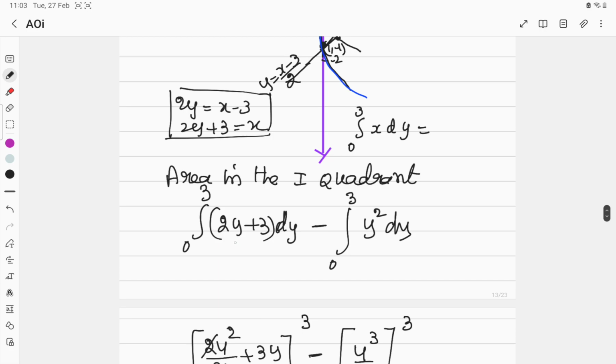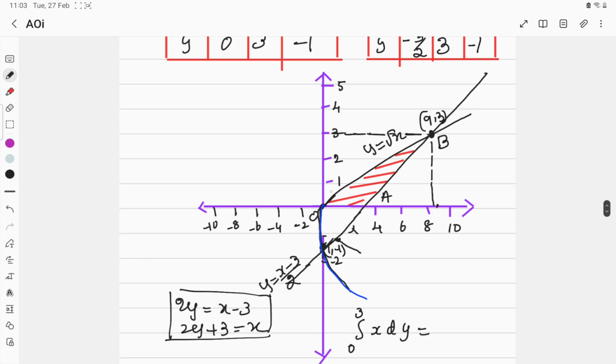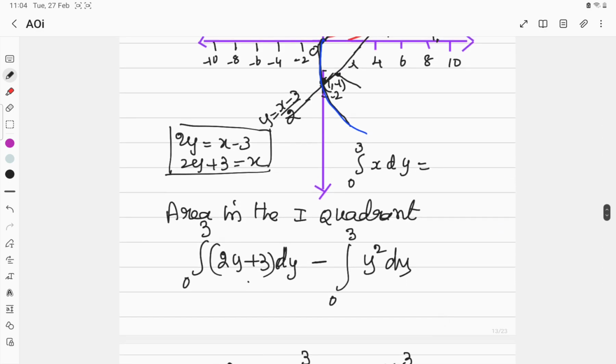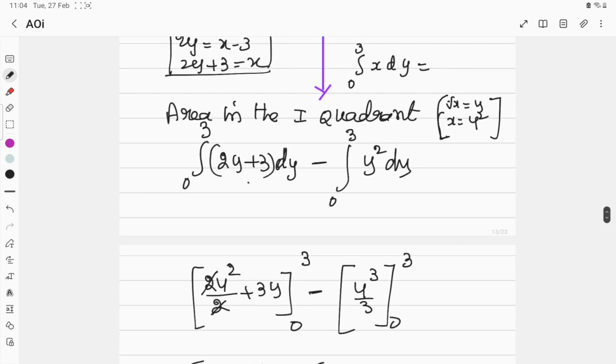Therefore, the integral from 0 to 3 of (2y + 3) dy, and for the expression y = √x, here x = y². So the integral from 0 to 3 of y² dy.